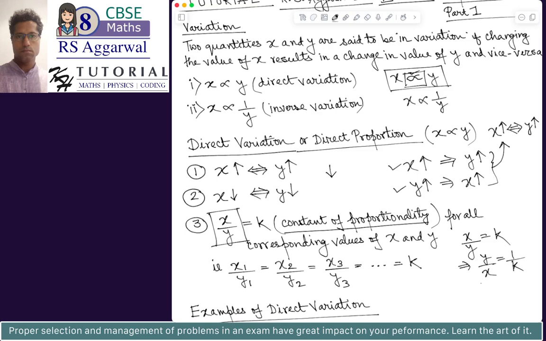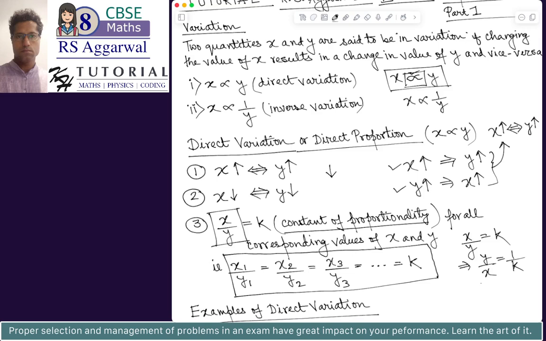So this result, that is x1 by y1 is equal to x2 by y2 is equal to x3 by y3, will be all equal to the same constant k, where x1 and y1 are one specific set of corresponding values of the two quantities x and y.